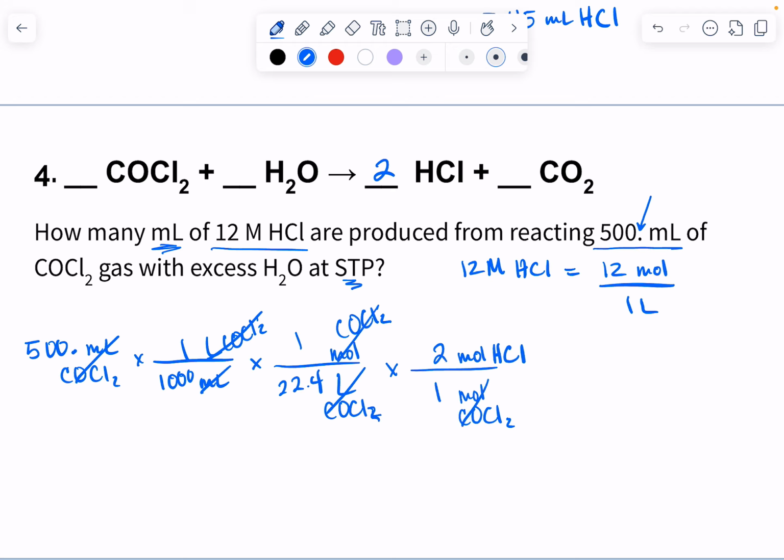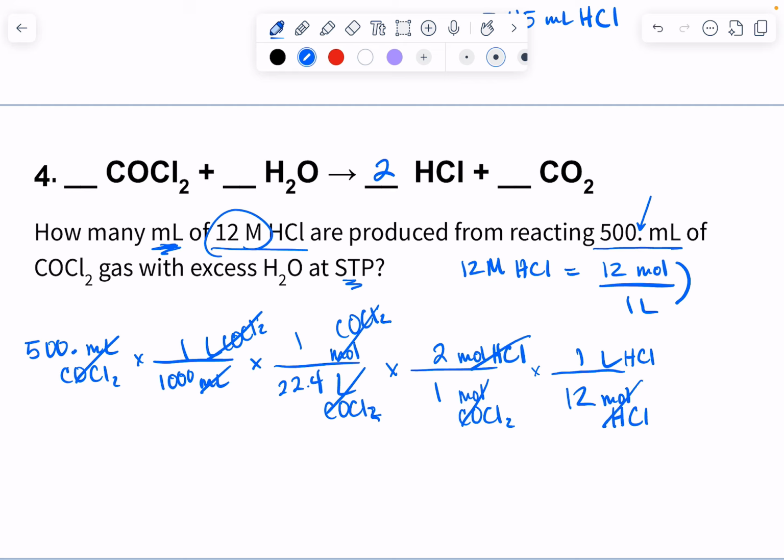Moles will cross out. So we're left with moles of hydrochloric acid. I need to get to milliliters of hydrochloric acid. So now I'm going to utilize my molarity, 12 molar, because I know the moles per liters. So 1 liter of hydrochloric acid contains 12 moles if it's 12 molar.